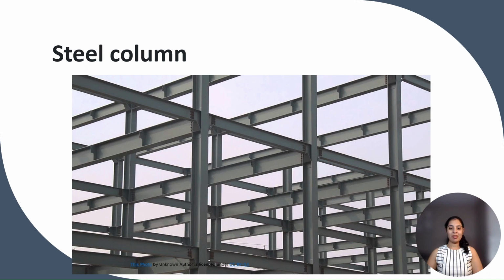Steel columns are columns made of structural steel. Steel construction is comparatively robust, flexible, and long-lasting than concrete structures. There are different types of steel columns, but T-section steel columns are most commonly used in steel structures.